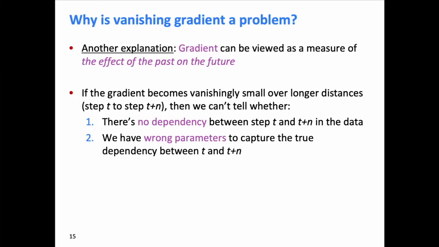But the second possibility is that there is a true connection between those two things in the data and in the task, and ideally we should be learning that connection. But we have the wrong parameters in our model to capture this, and therefore the gradients are small, because the model doesn't see them as connected. So we are not learning the true dependency between these two things. And the problem with the vanishing gradient problem is that we're unable to tell which of these two situations we're in.